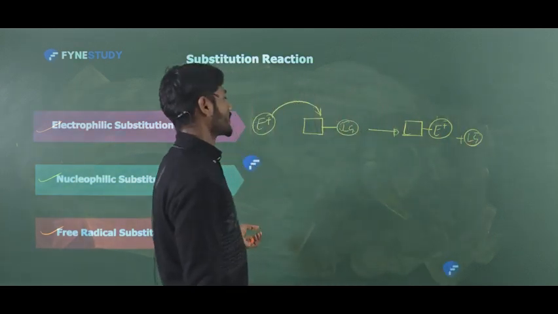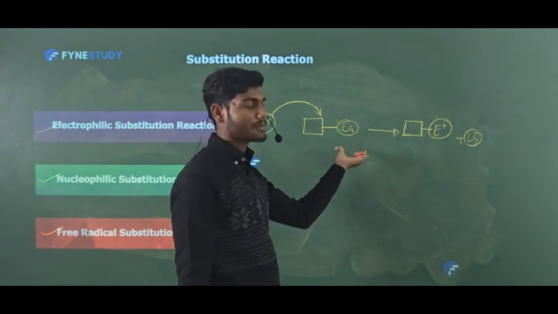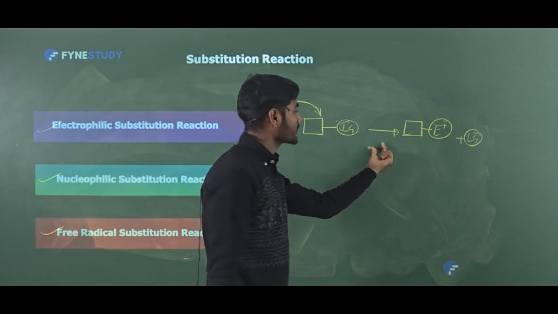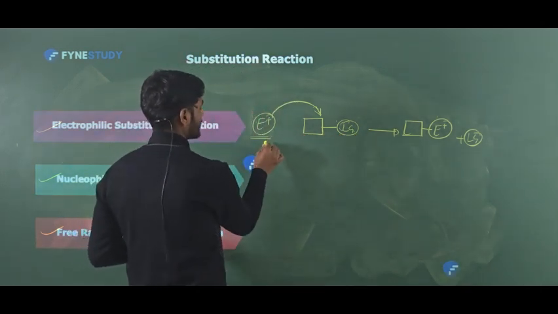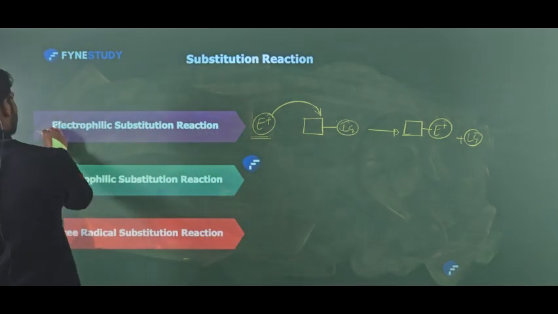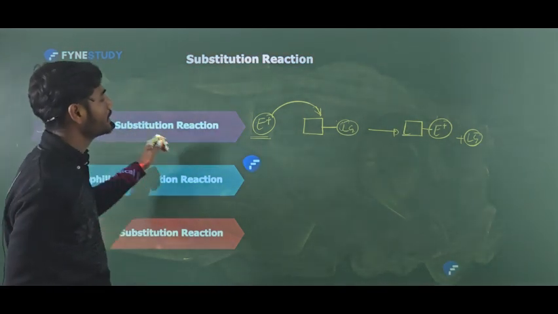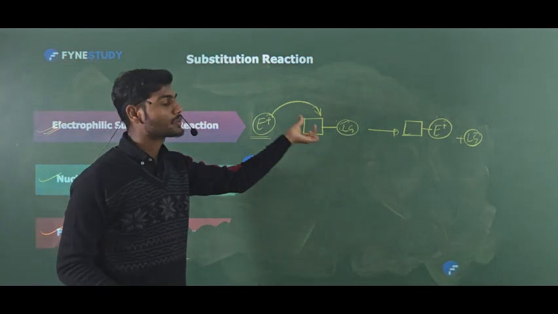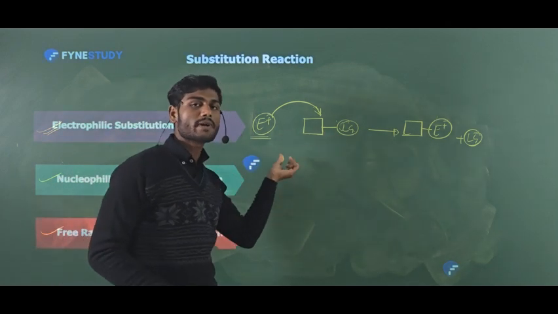Now you may think that here is substitution. The leaving group leaves the compound due to E plus approaching the compound. E plus means the electrophile is approaching. So in electrophilic substitution, the electrophile will approach the compound and the leaving group will leave, and instead of that the electrophile will attach.